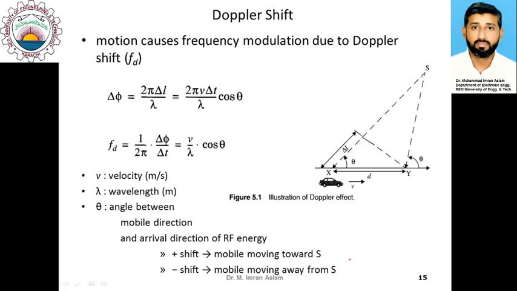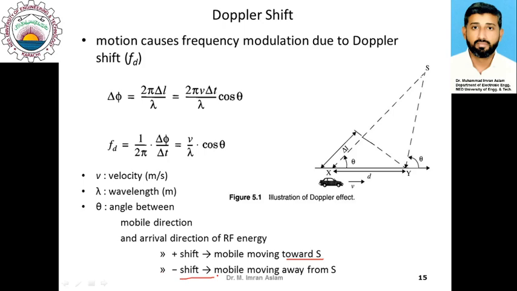If you are moving towards the receiver side, you will see a positive shift in the frequency. That means you would have some higher frequency or increase in the frequency by virtue of this Doppler phenomena. And if the mobile equipment is moving away from the receiver, there will be some decrease in the frequency, or we would see a negative shift in the frequency.